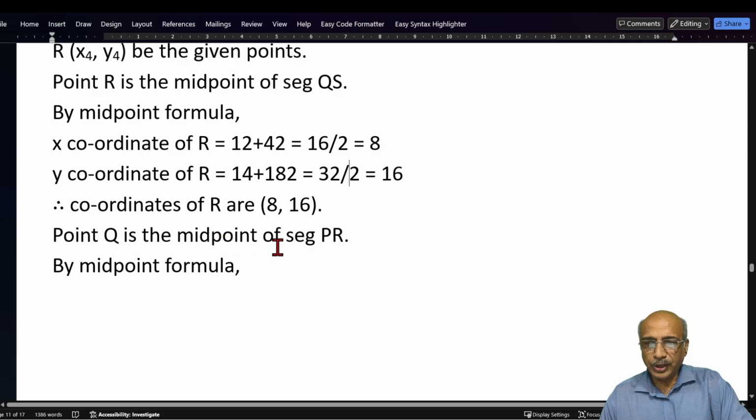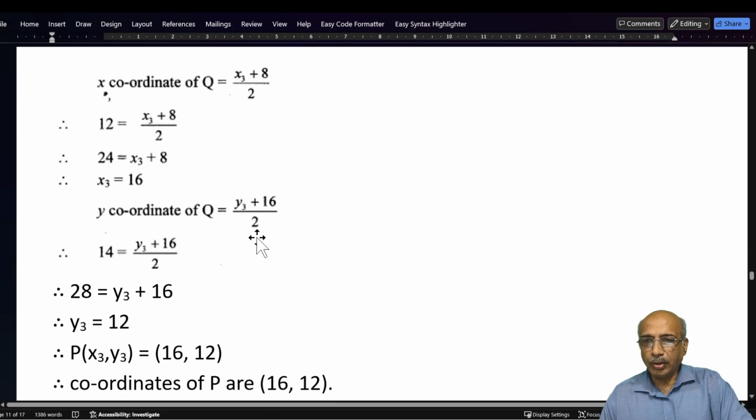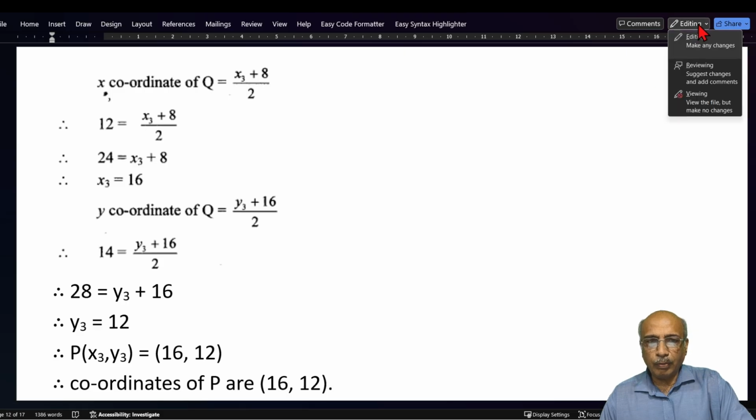Point Q is the midpoint of segment PR. Therefore, by midpoint formula, x coordinate of Q equals x3 plus 8 upon 2 and x coordinate of Q is 12. Simplify this equation, you will get x3 equals 16.